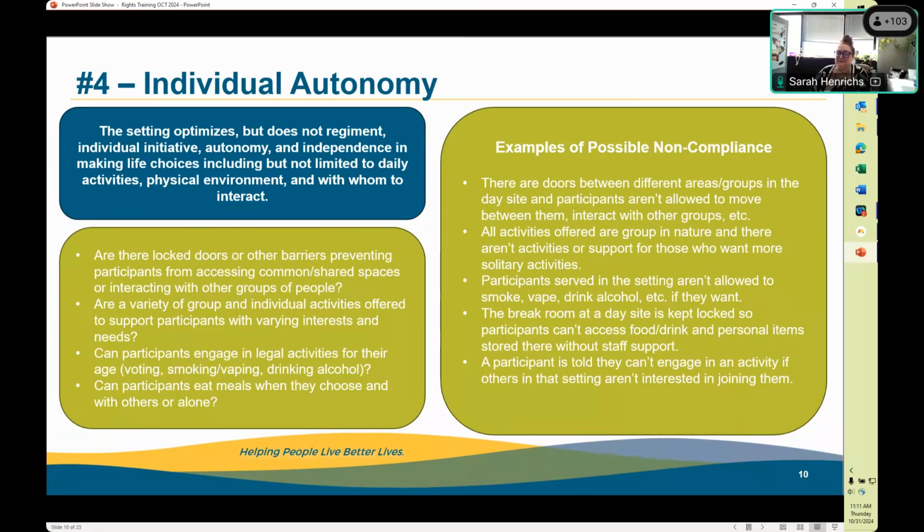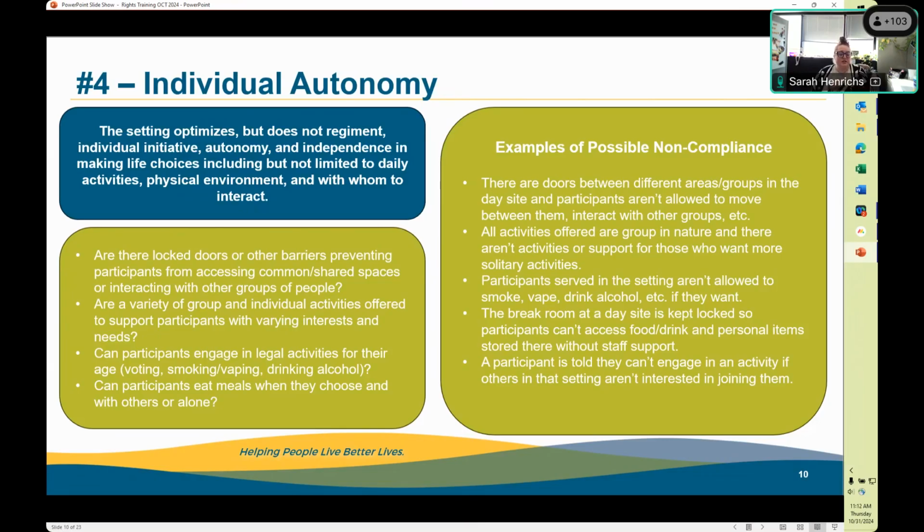And this was back in 2007. This was pre-final settings rule. Things like that are the reason why this rule exists. That's why I say I hope it's not happening now, but that's an example of if we did see that happening, it would potentially be non-compliant. Are there a variety of groups and individual activities offered to support participants with varying interests and needs?